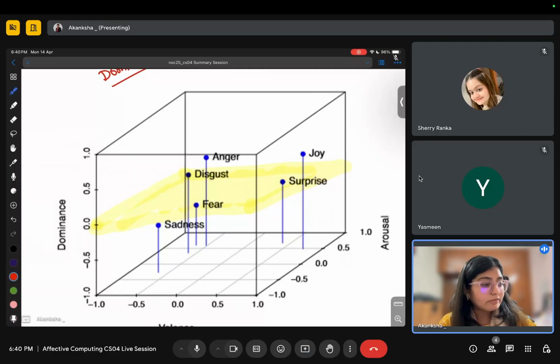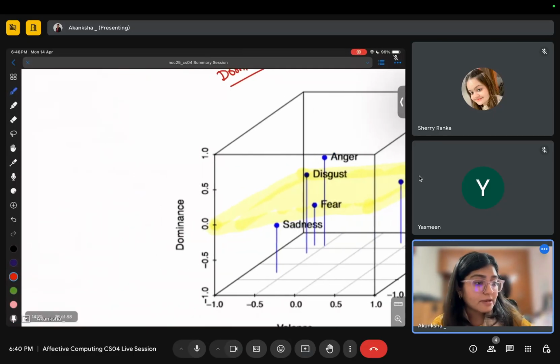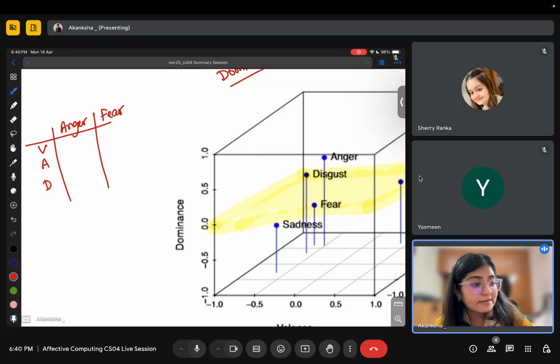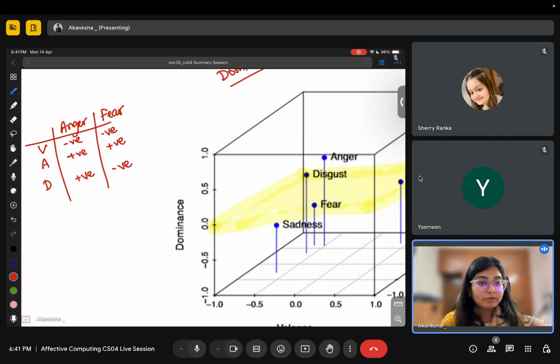So now how can we represent higher in anger? VAD, this is for anger and this is for fear. Valence is negative, negative. Arousal is positive and positive. Whereas dominance, anger is positive, like you're dominating, but fear is negative. That is how we are able to differentiate between two.